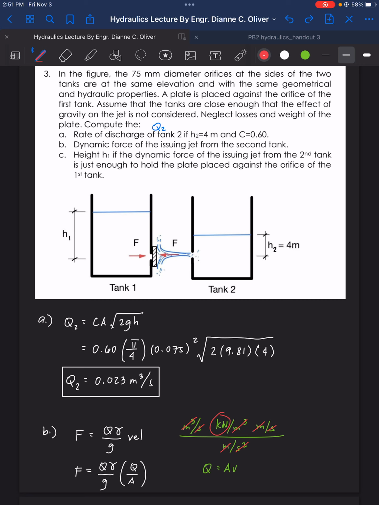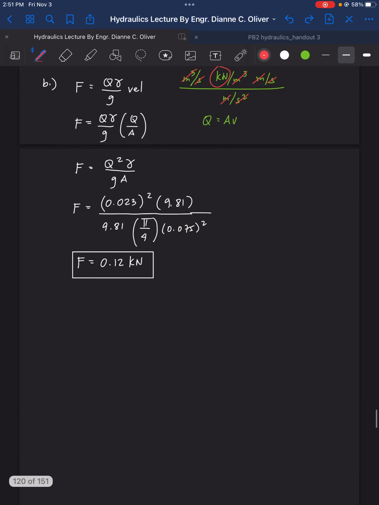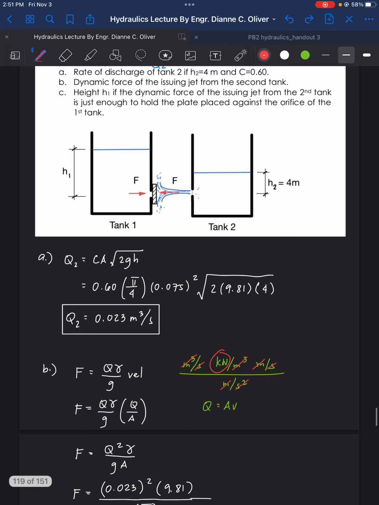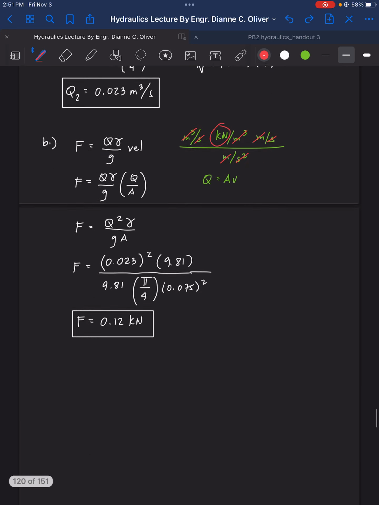It's called the static force. So the force outside is the dynamic force and the force inside is the static force, and they are equal. Let's name this F1, the force of tank 1, then F2, the dynamic force from tank 2.